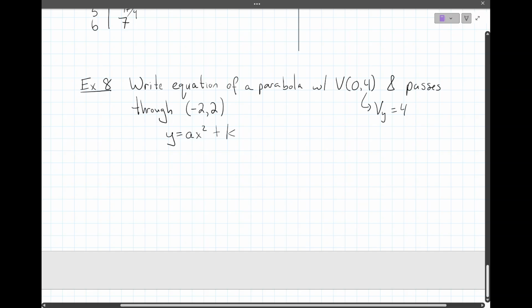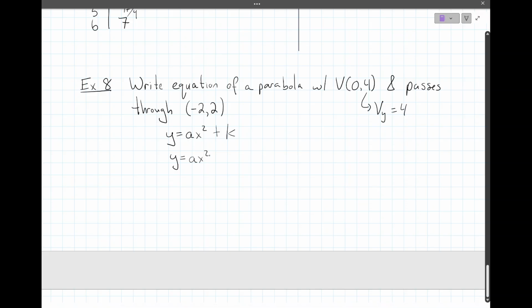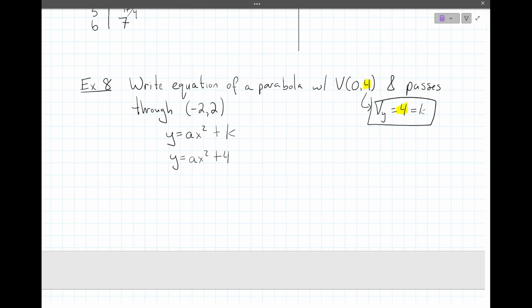So what I'll have here is y equals ax squared plus 4. I've taken this k value, Vy, that's equal to k. We want this big highlight piece of information, and I put that back into the equation.